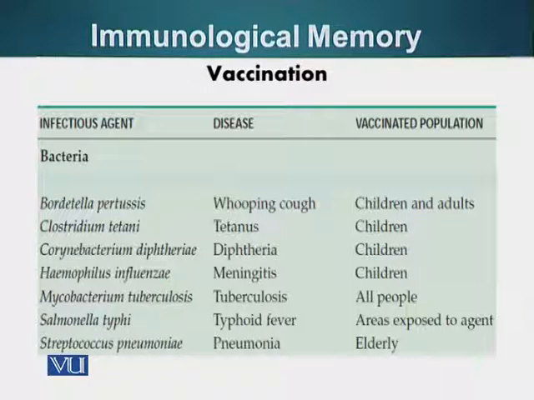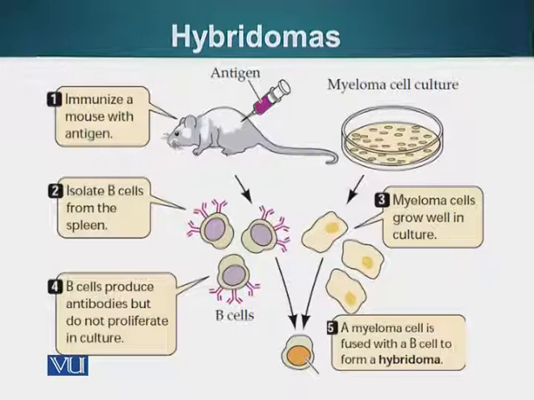So where do these antibodies come from? One of the ways you can make these antibodies is by hybridomas. For example, with tetanus, tetanus antigens will be introduced into an animal. That animal will produce B cells making antibodies that recognize that particular pathogen.